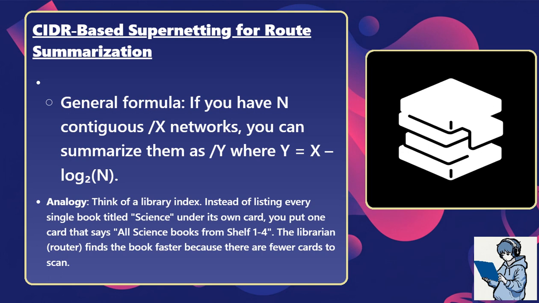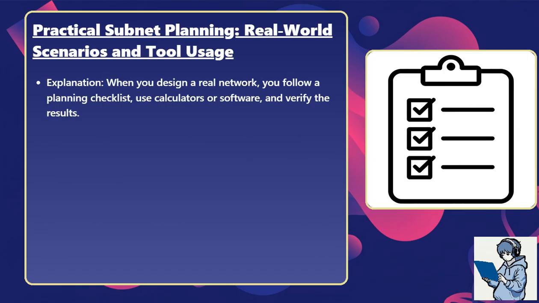Instead of listing every single book titled Science under its own card, you put one card that says all science books from shelf 1 to 4. The librarian, which is the router, finds the book faster because there are fewer cards to scan. When you design a real network, you follow a planning checklist, use calculators or software, and verify the results. Planning steps.